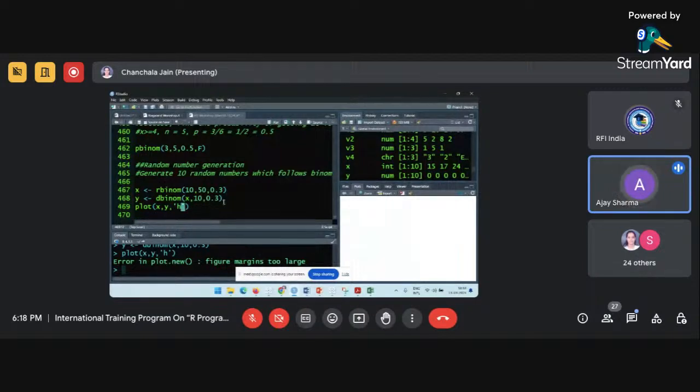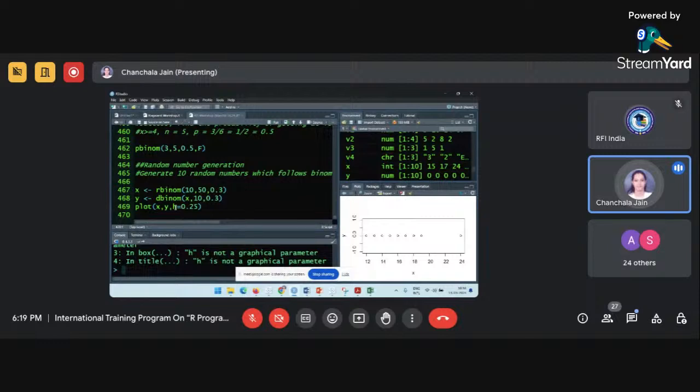I've written X comma Y comma H is equal to 0.25. I don't know the meaning actually. I just tried. This way I'm getting scattered points like this. But I have passed H as a histogram. I want to create a histogram. Just tried, so not very sure.